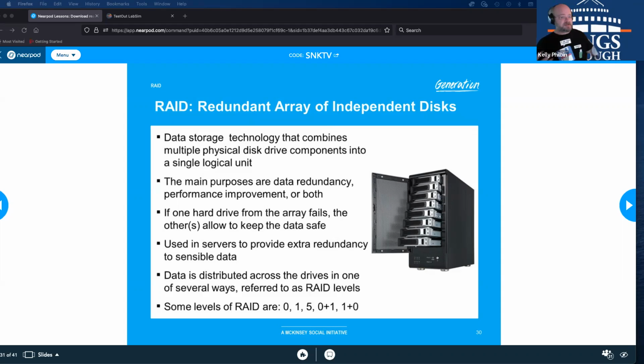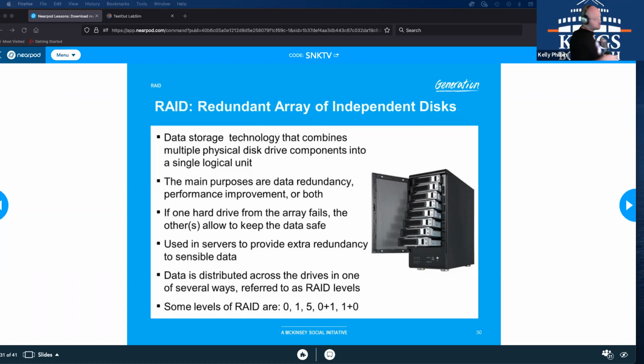So you're making copies of that data, or you're trying to get faster read and write capabilities out of those drives. So those are the 2 main things that you're going to be looking for in a RAID array. So you either want redundancy or a duplicating of the data, copies of it, or better speed, or sometimes both.